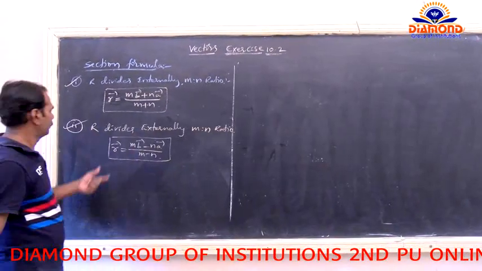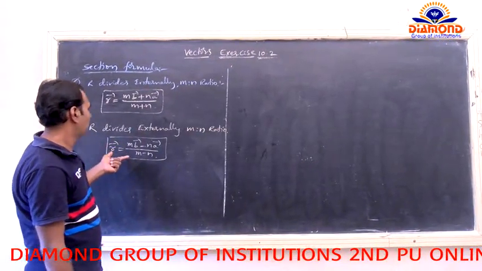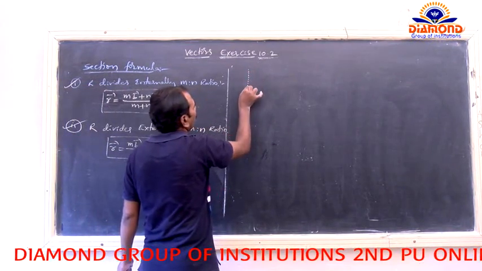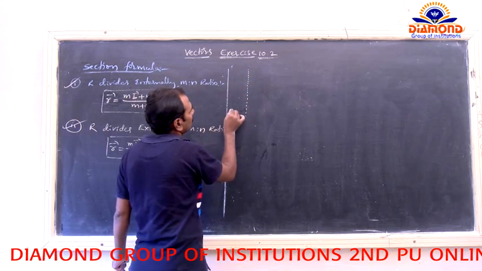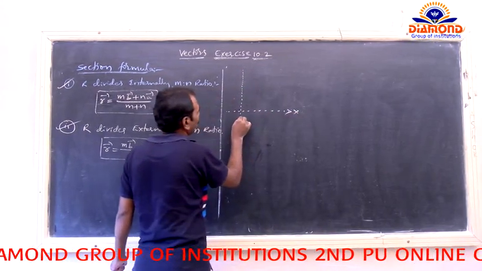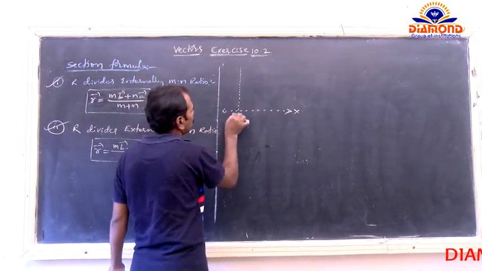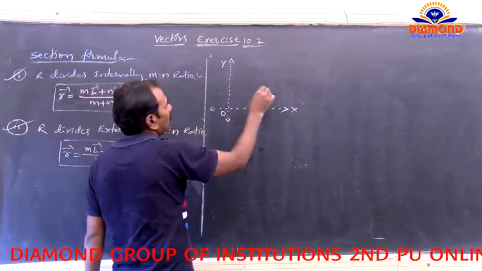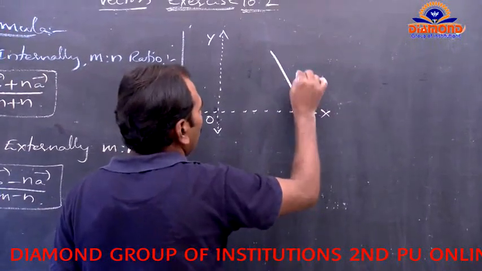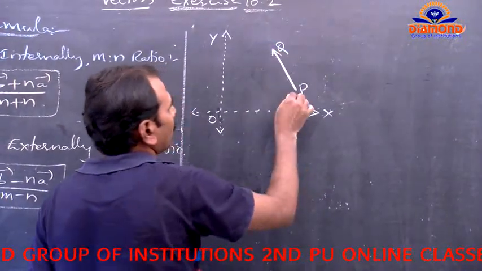Next, externally. Externally means this one. If you think this is the origin, this is the y-axis, this is the x-axis. Next, this is the vector. This is P, this is Q. PQ vector.